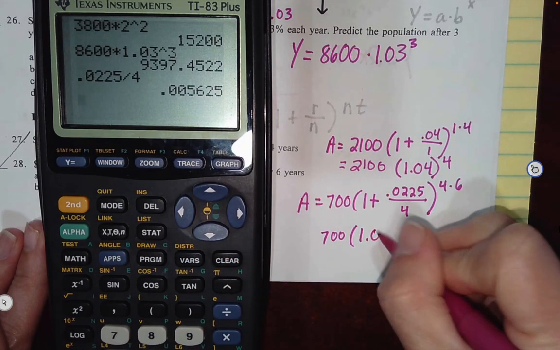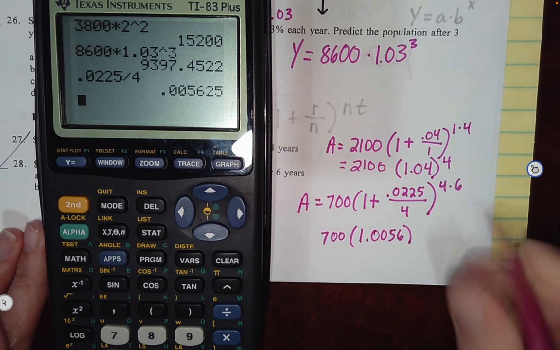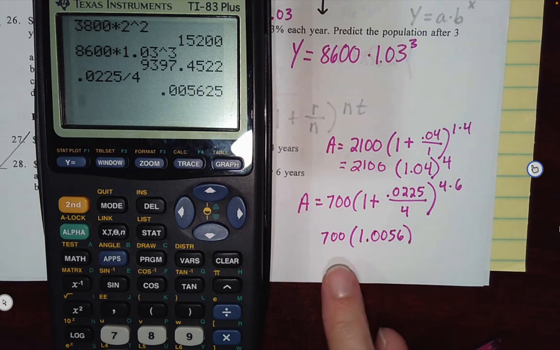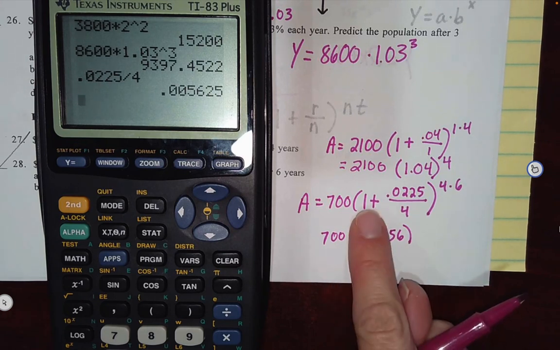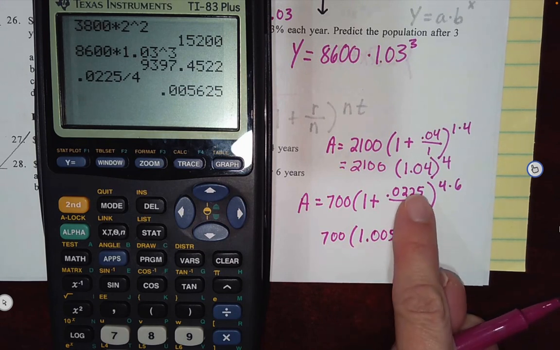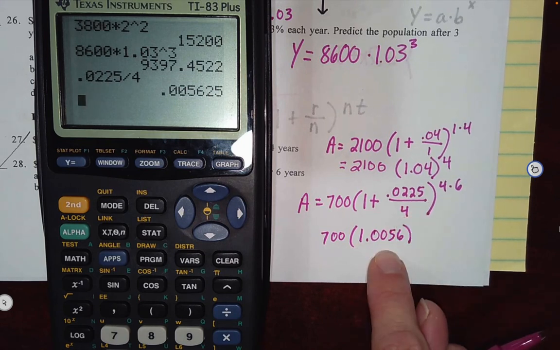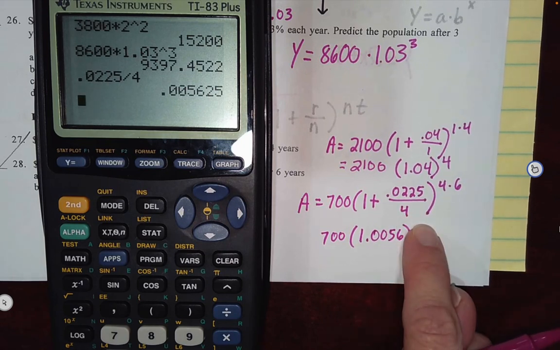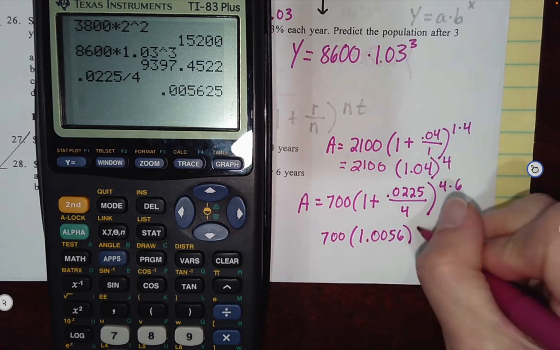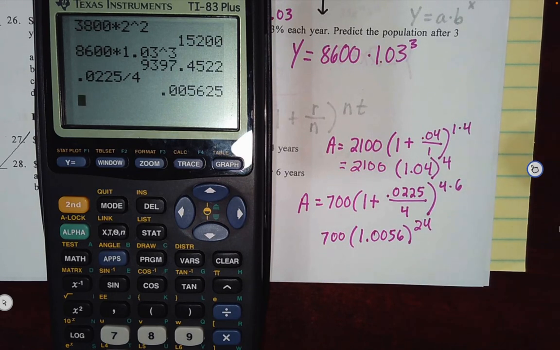Is everybody okay with that? And everybody understands why my 1's out front, right? Because what do I have right here? A 1 plus. So that's why I have my 1. And I just divided that in my calculator. And then what's 4 times 6? 24. So now it looks just like number 26 and just like 27.